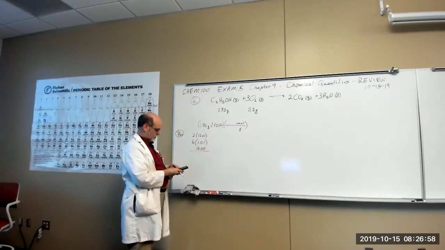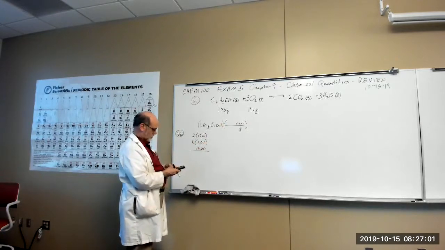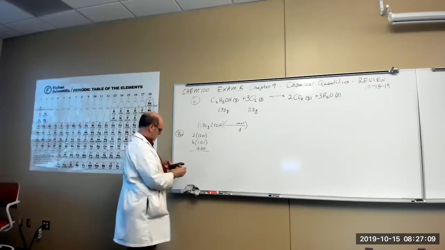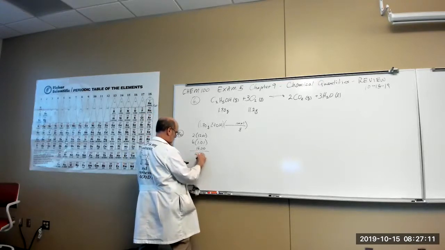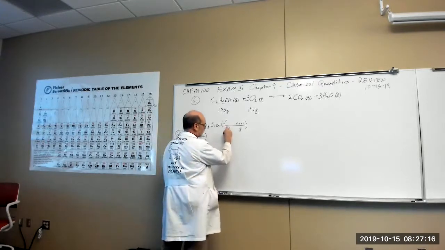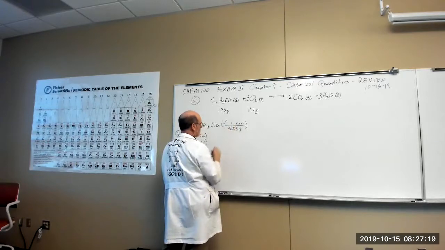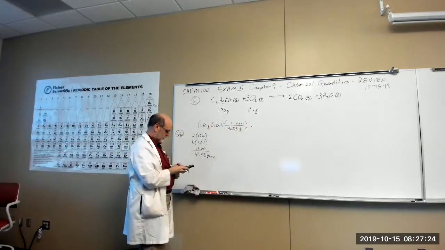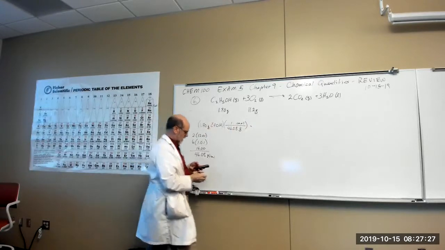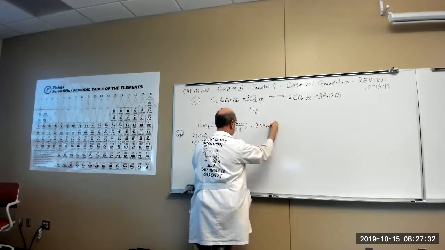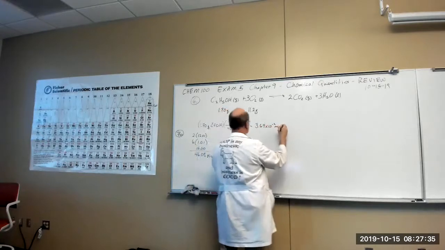So that's 24.02 and 6.06, and 16.00 is 46.08. Grams cancel. And divide that into 1.7. I get 3.69 times 10 to the minus 2 moles of ethanol.